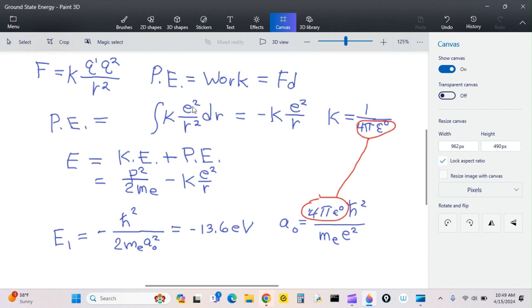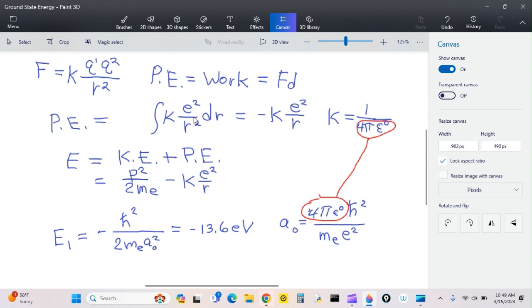The e squared is the same because those are charges and they aren't changing. I don't want to confuse you there. This e squared is the fundamental charge, where one would be a proton and one would be an electron, so I just plugged in an e down here.